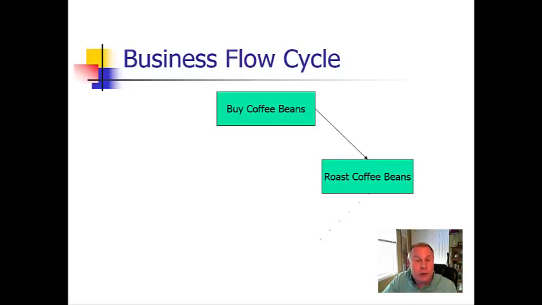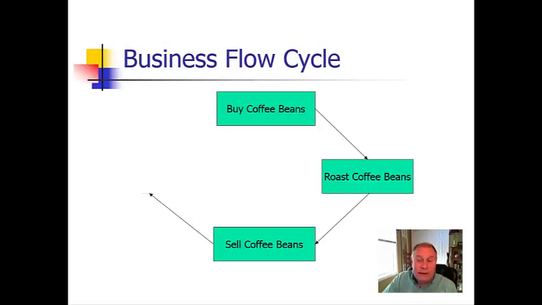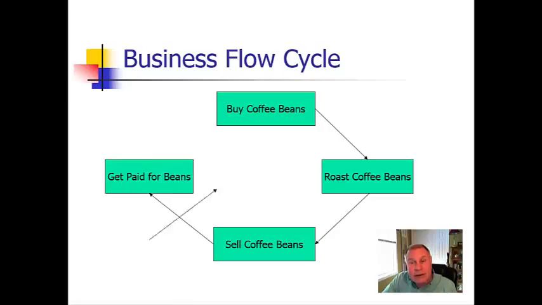After they roast the coffee beans, they need to sell them. Then they get paid for the beans, and then they can buy more. So really, their cycle is: buy the beans, roast the beans, sell the beans, get paid. This is their business flow cycle.